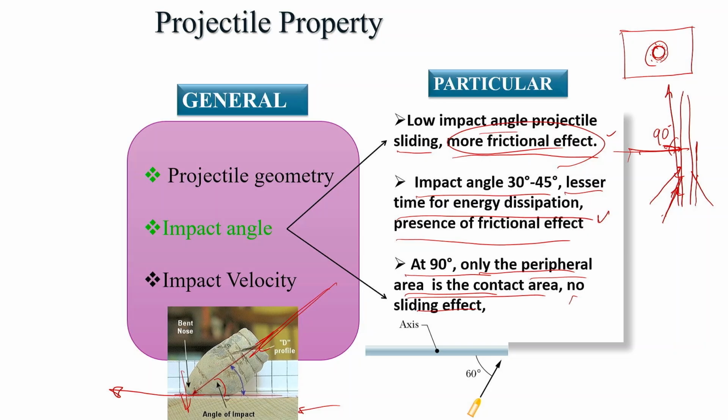One will try to slide the projectile, and the other, the downward component, will be used for penetration. So, if the angle is low, the sliding force will be more, and there will be frictional loss.